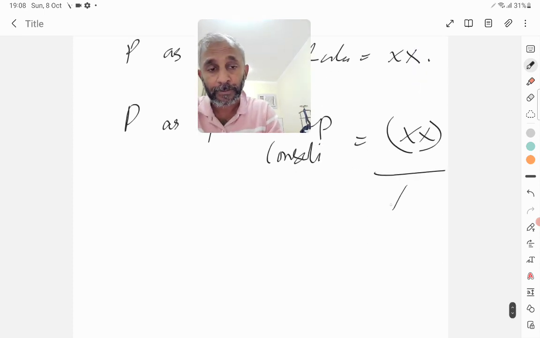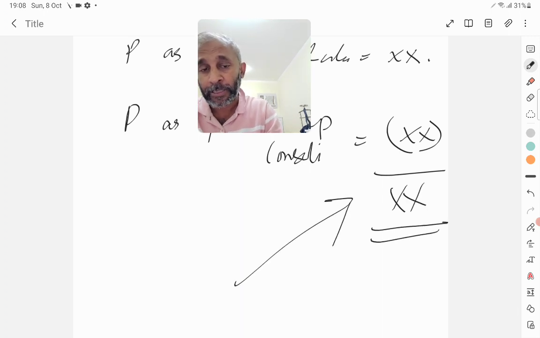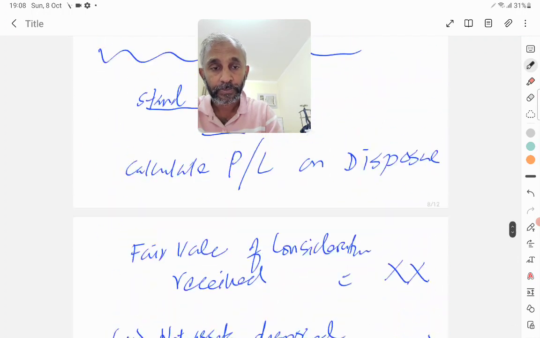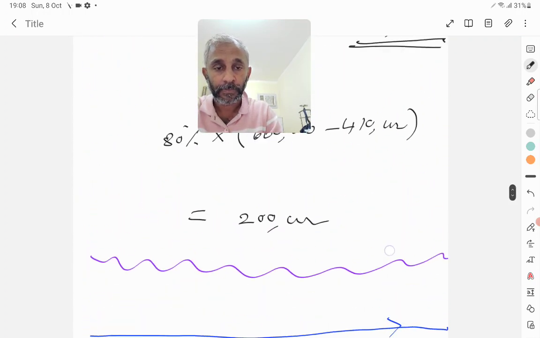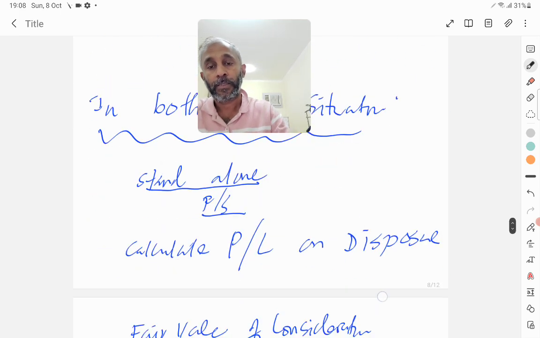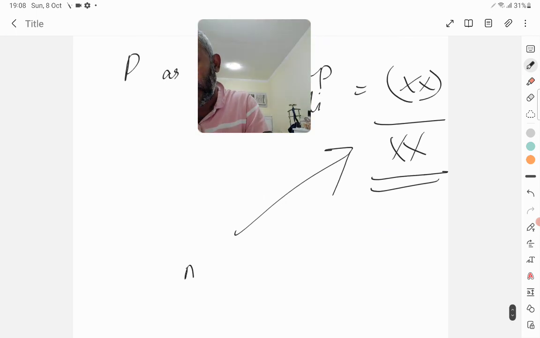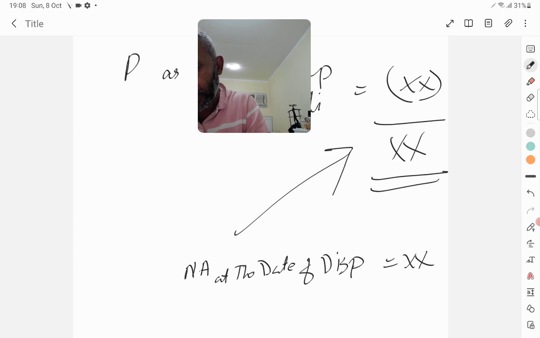You get the difference, and this difference works out like this: net assets at the date of disposal, less net assets at the date of acquisition.